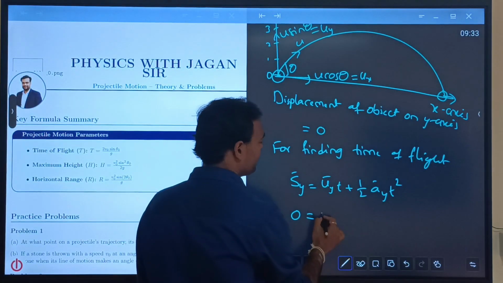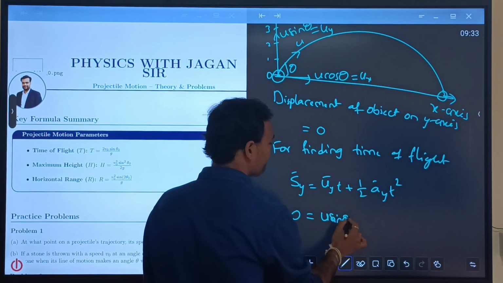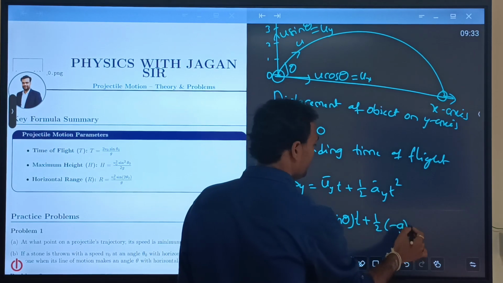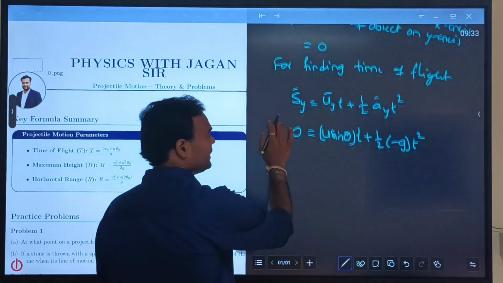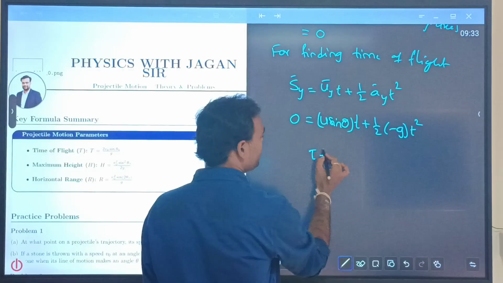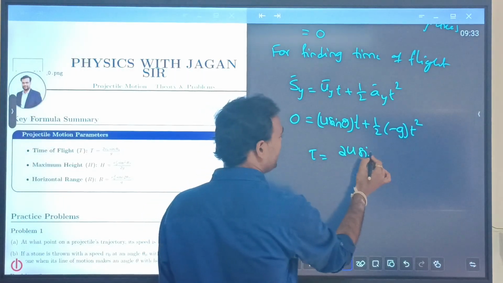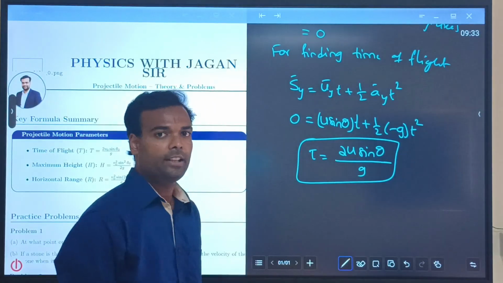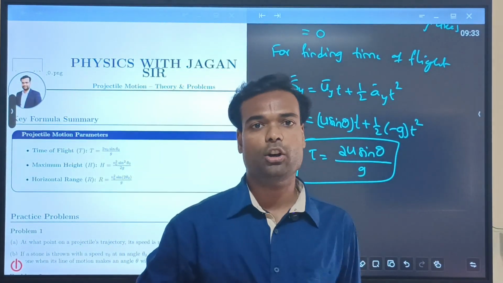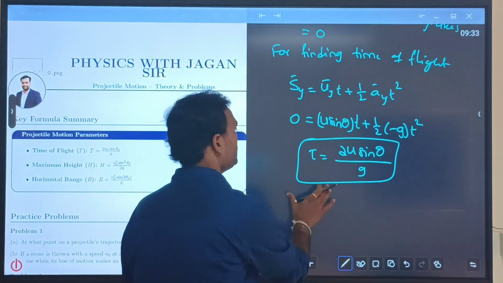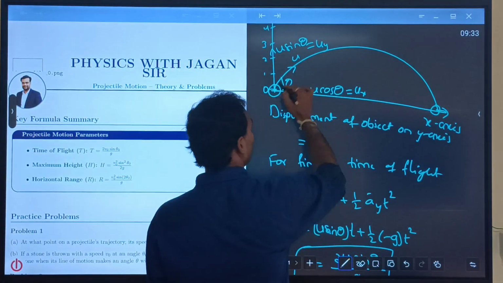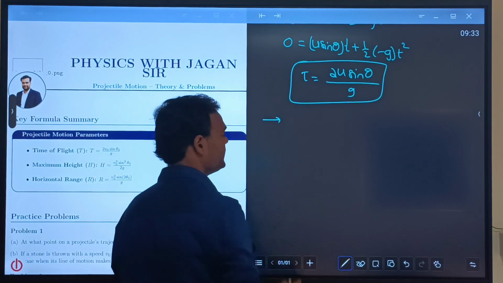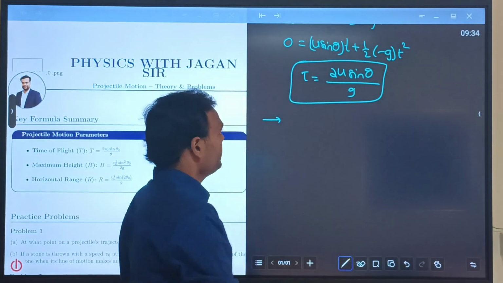The initial velocity on the y-axis is u sin theta into t plus half of minus g t square, right? Then this gives t equals 2u sin theta by g. This is the time taken for the object to move from the initial location to the final location. Now let us see a special case.